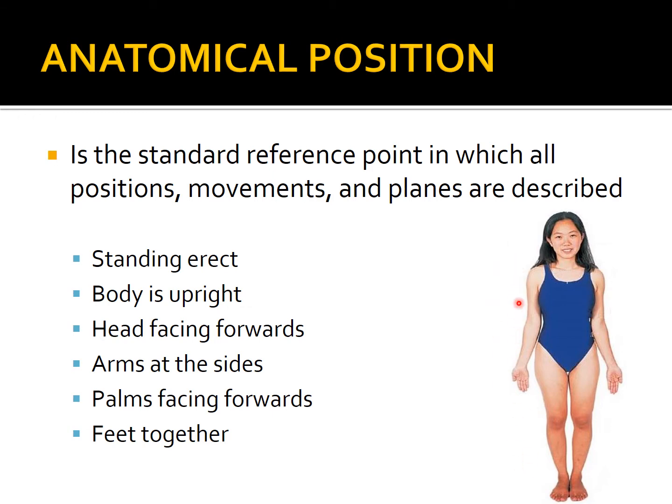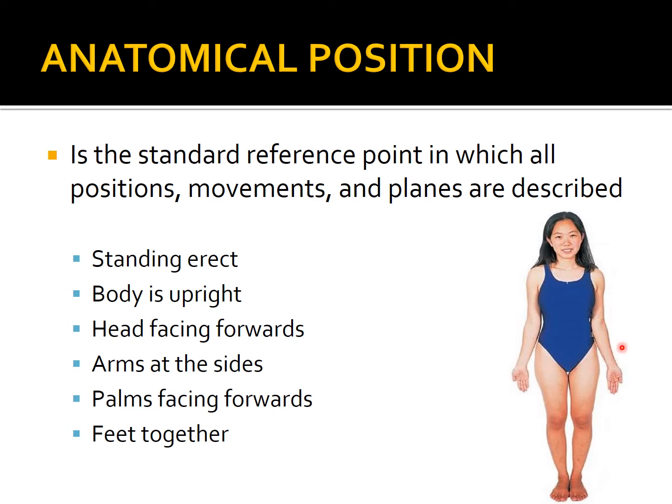The person should stand straight, erect. The body is upright. Head is facing forwards. Arms by the sides, so arms should not be away from the body; they should be close to the body.